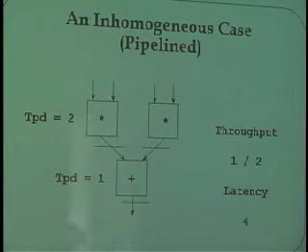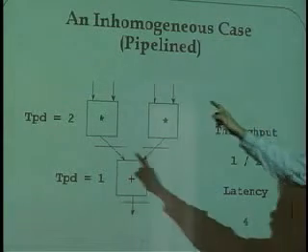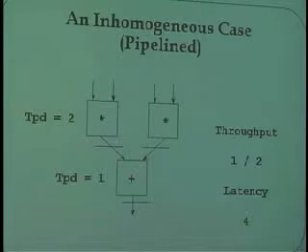The way we'll pipeline it is we'll put these registers in here just like the other case. But now the question is, how often can we hit that clock? What is the period of the clock that we can use to sequence data through the system? And that is determined by the maximum propagation delay between stages.